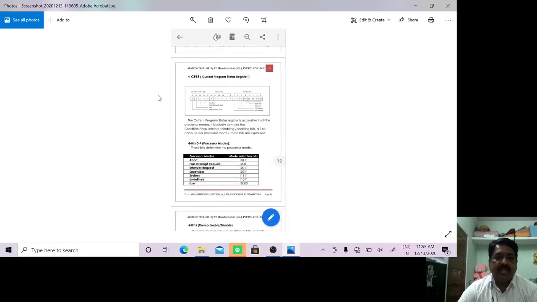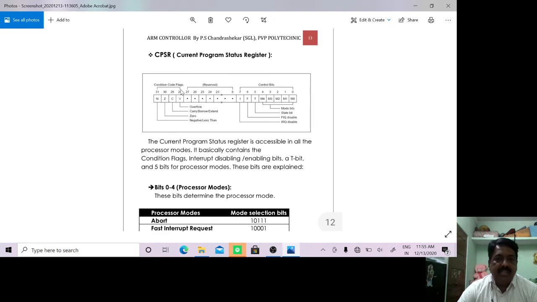So now coming to the conditional code flag bits. Here there are 4 conditional flag bits, such as N, which represents a negative number; Z, which represents an all 0 condition in the result; and carry, which represents whether there was any carry resulting in the addition or borrow required during the subtraction, or it is also involved in bit manipulation or rotation of the data either to the left or right.